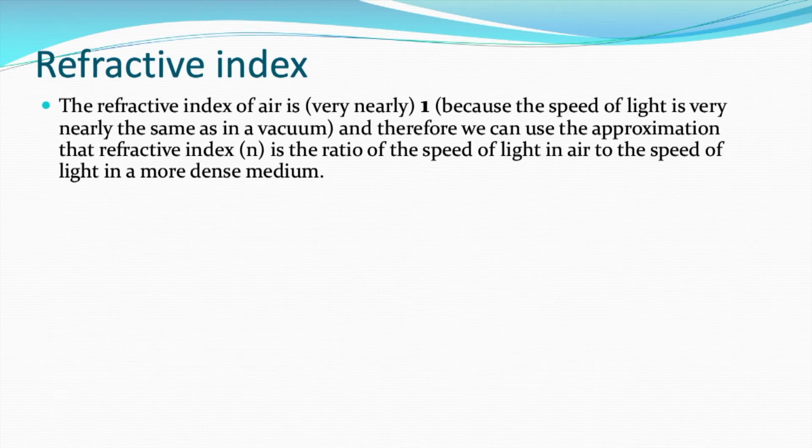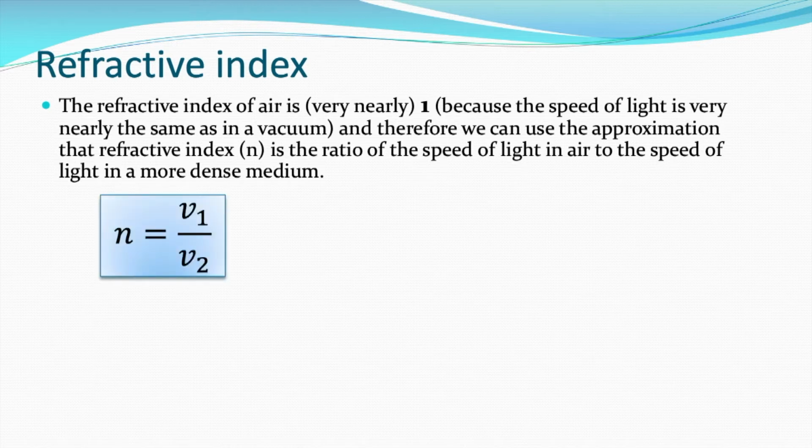Now, you don't get light travelling from a vacuum into substances here on Earth because we've got the air, we've got the atmosphere. But luckily the refractive index of air is very nearly 1 because the speed of light in air is very nearly the same as the speed of light in a vacuum. So we can use the approximation that the refractive index, N, is the ratio of the speed of light in air to the speed of light in our more dense medium.